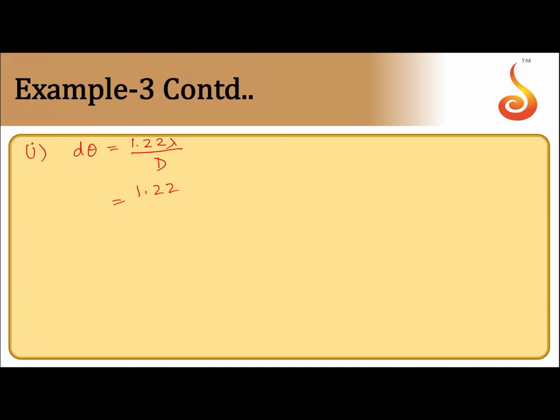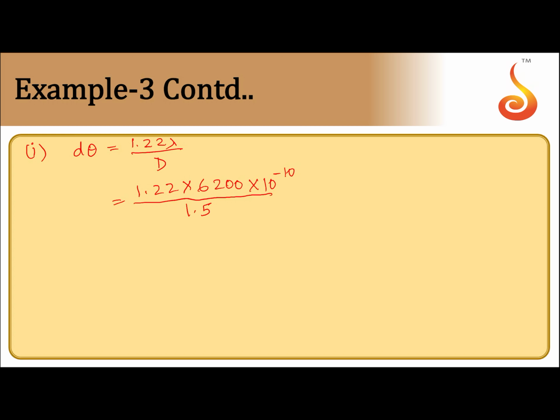So, that is 1.22 lambda. Lambda is 6200 angstrom, 6200 into 10 to the power minus 10, divided by diameter of the aperture, which is 1.5 meter.